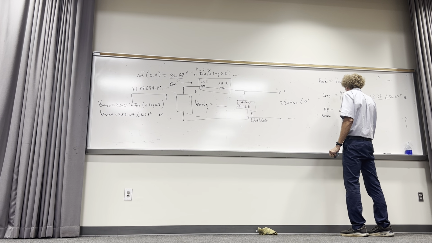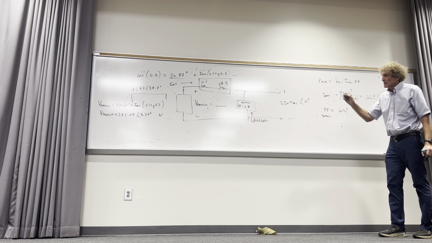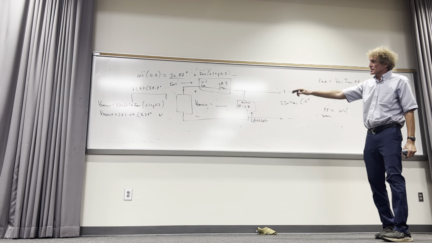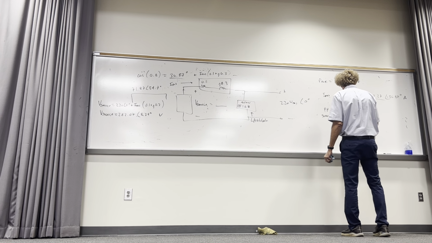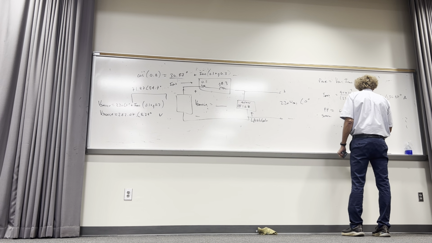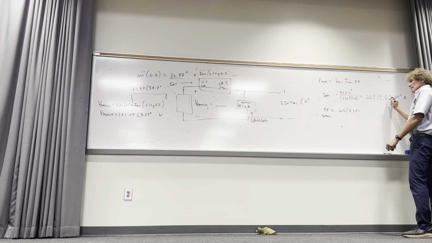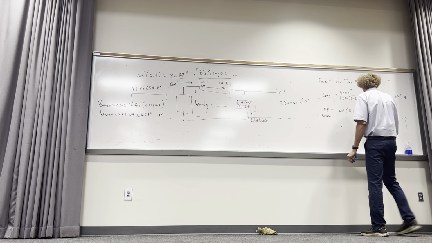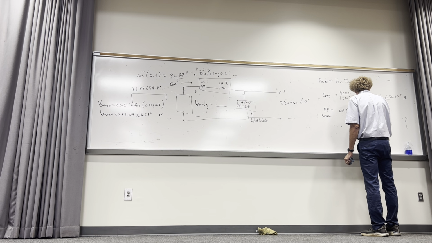Make sure you do it right. Cosine of theta V. Theta V at the source is 8.34, right? Minus the angle of the current, which is minus 36 or plus 36, right? 0.87.